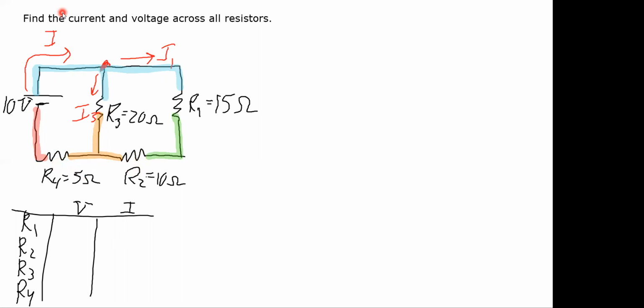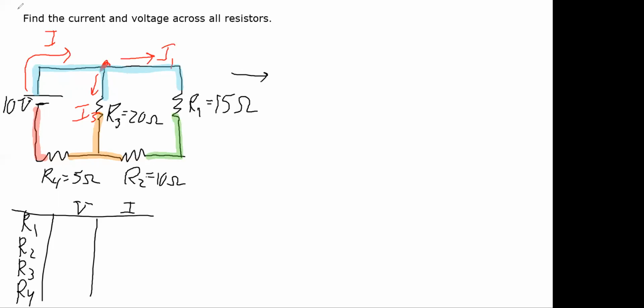So let me see here. So I'm going to start off with R1 and R2. Okay, so I'm going to focus on those two because those two are in series, and I'm going to combine them. Okay, so let me do that. I'm going to combine those.